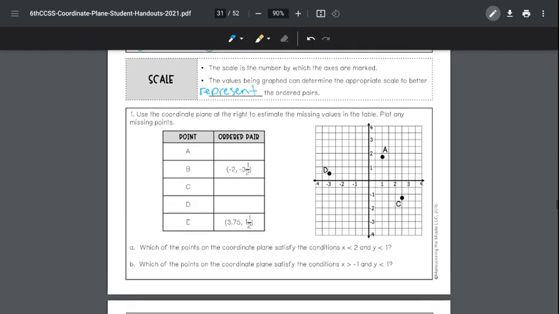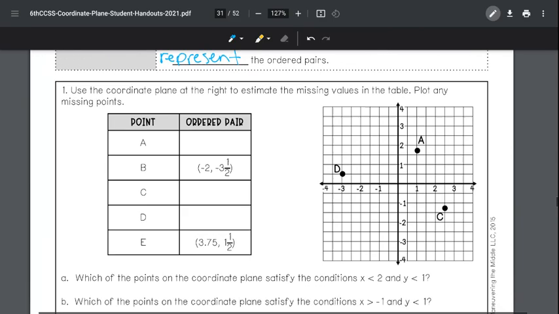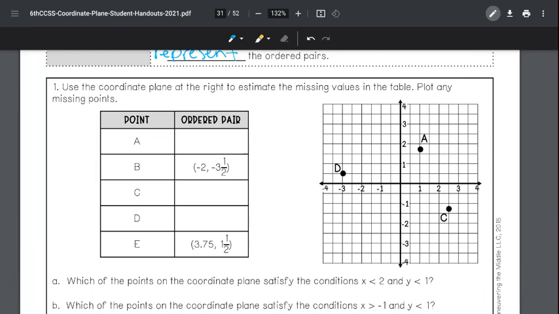Number 1, use the coordinate plane at the right to estimate the missing values in the table. Plot any missing points. Well, the first thing I'm going to do is look at my graph and find my origin, 0, 0, and then look at my scale. I see there's a blank spot and then a 1. So that means our scale is going up by 1/2 or 0.5s. Okay.